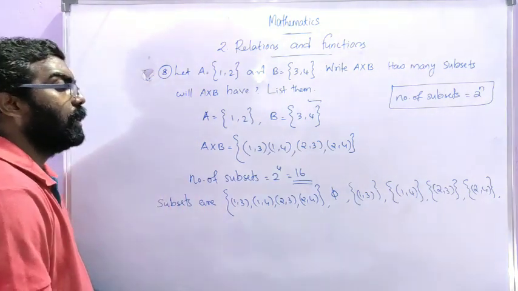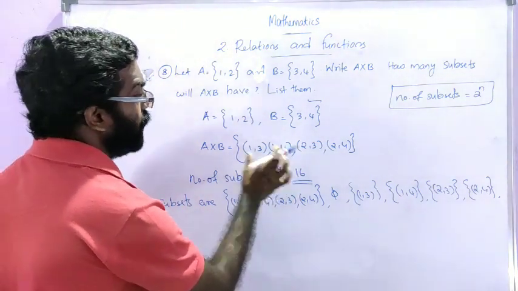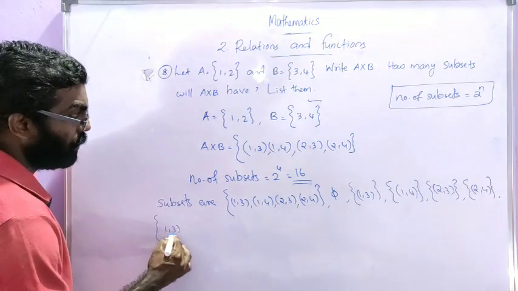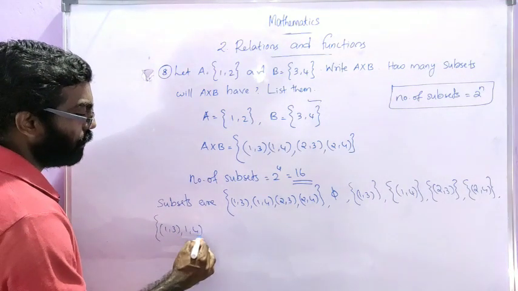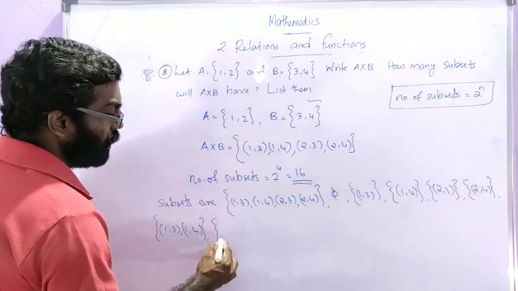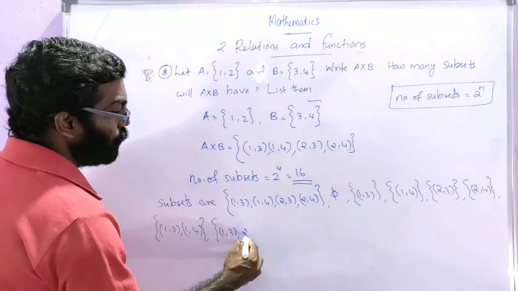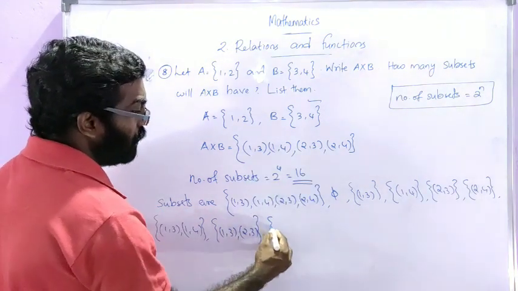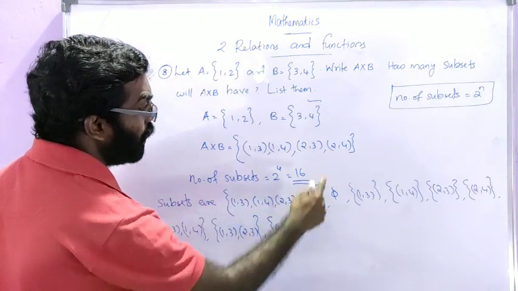Now we can take the sets which consist of 2 elements. So {(1,3), (1,4)}. We write the first 2 pairs, then {(1,3), (2,3)}. We take the first and third, then {(1,3), (2,4)}, the first and the last one.